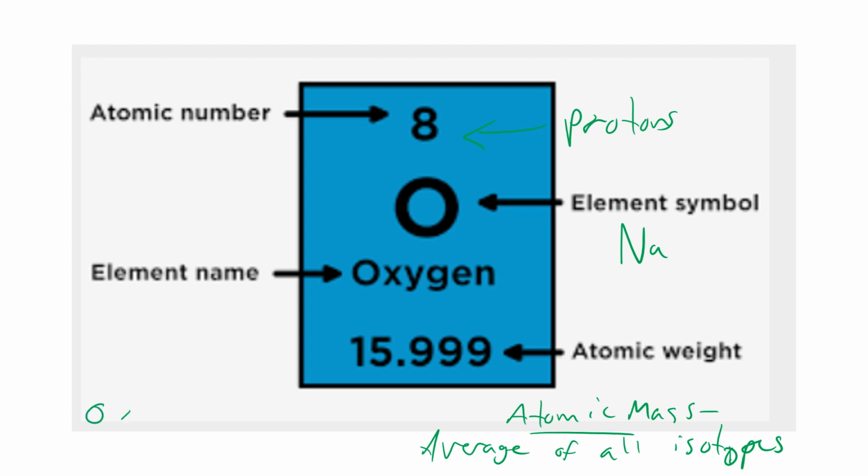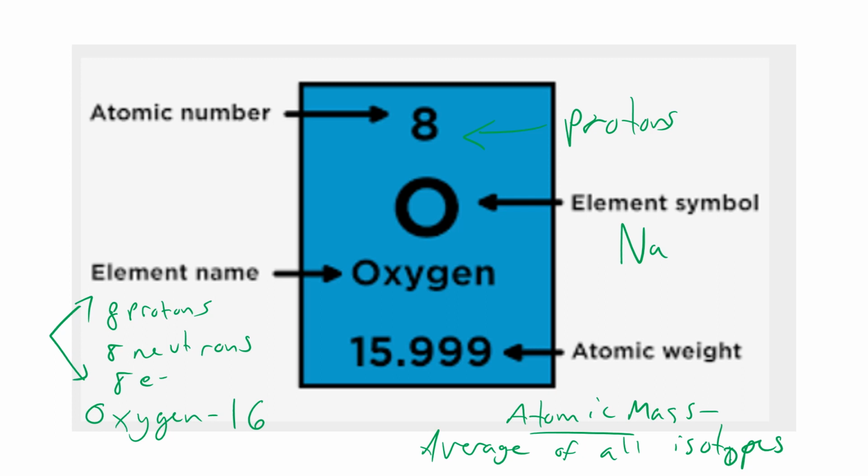We would always identify that by writing the name of the element and then the mass number, which is the size of the nucleus. So if I have oxygen 16, it's going to have 8 protons, 8 neutrons, and it should have 8 electrons if it is balanced, not charged, if it's neutral.